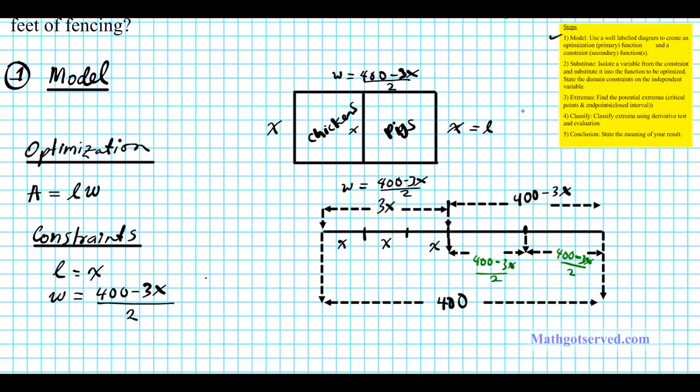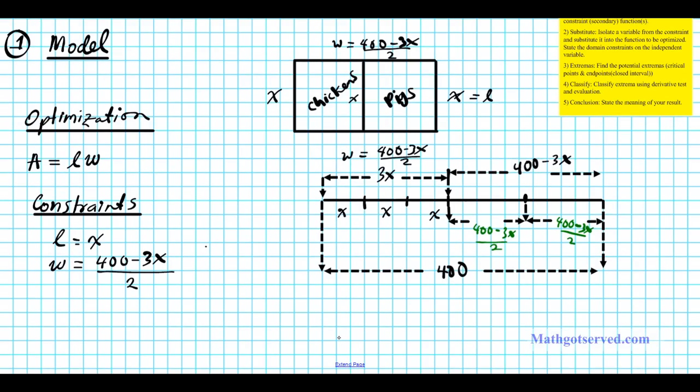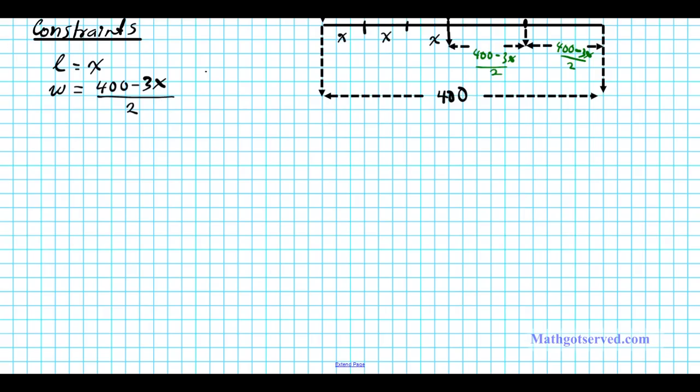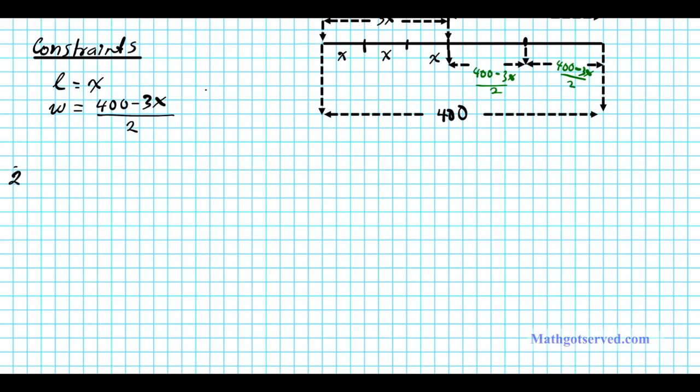Now let's move on to part 2, substitution. We want to write down our optimization function in terms of just one variable. Okay, so part 2, substitute. Since we know that area is length times width, and as we see in part 1, length is x, width is (400 minus 3x) over 2.